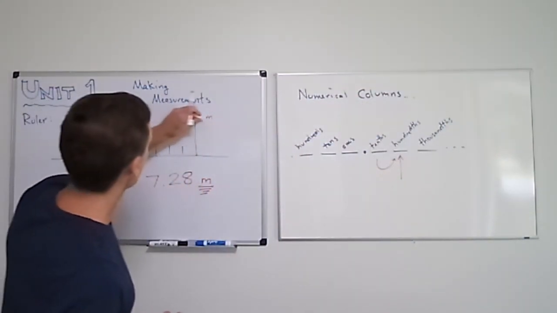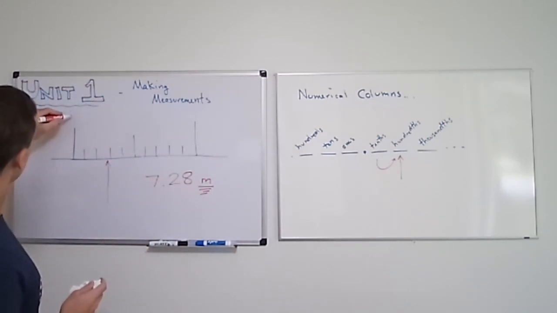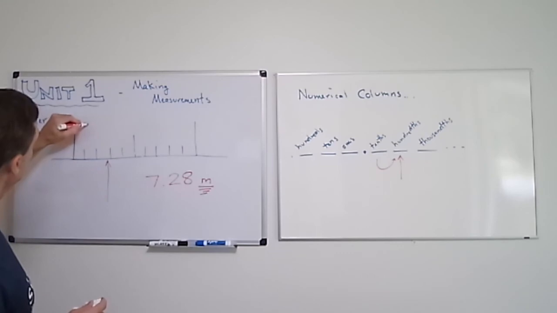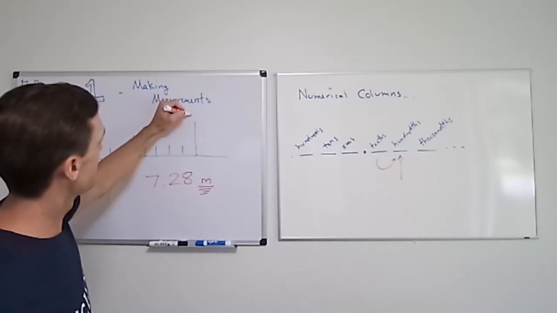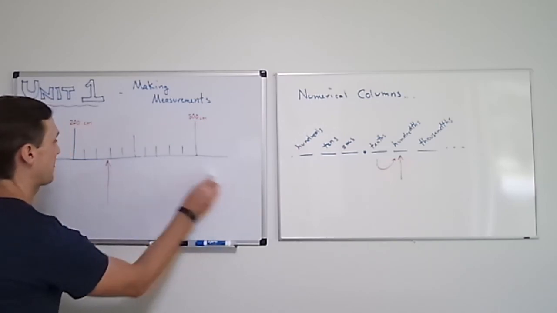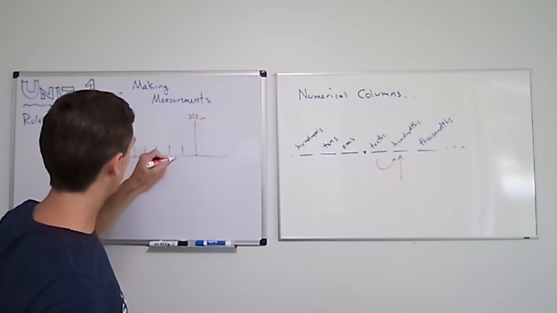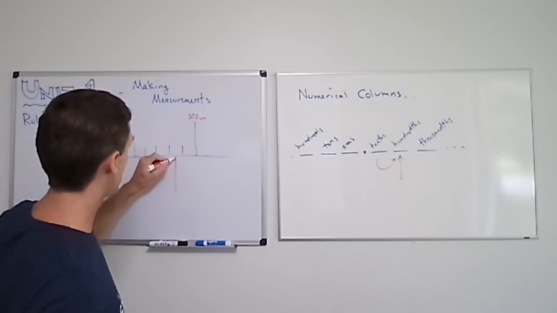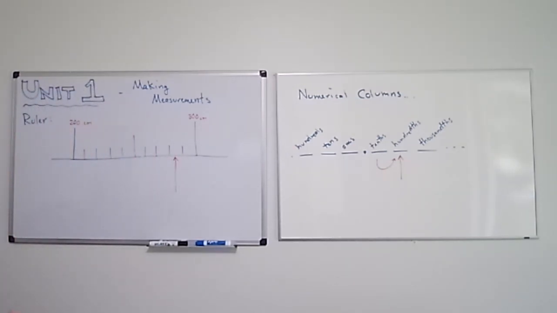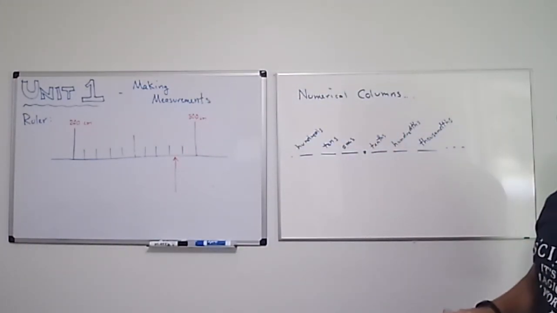Let's do another one. What if it was labeled 200 centimeters here and 300 centimeters here, and our measurement, let's put it right there. Okay? So again, ask yourself, what is this measuring device, this ruler, labeled to?